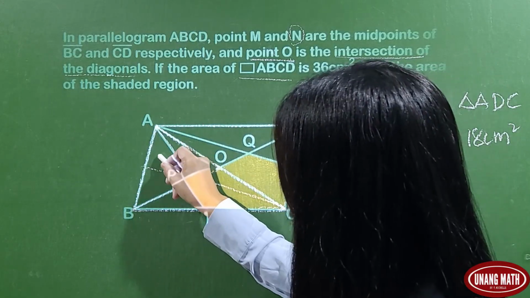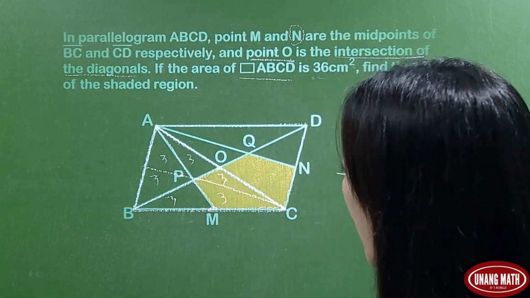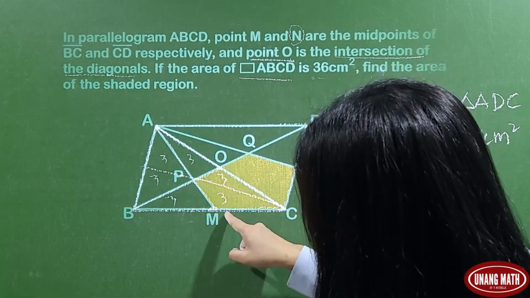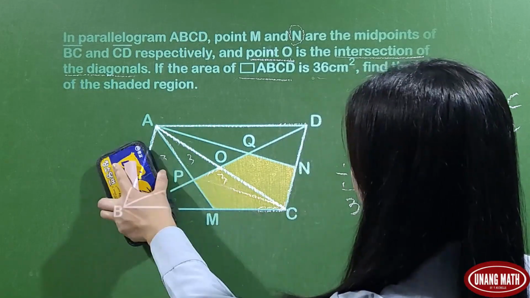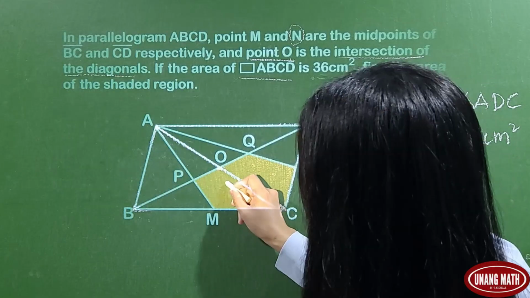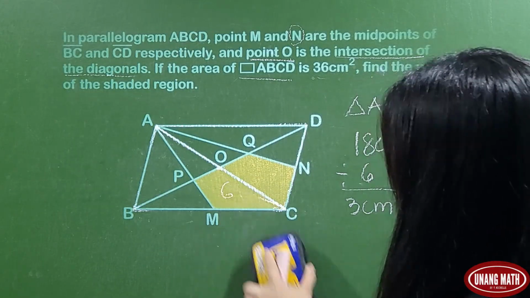So this is 3, this is 3, this is 3. This part means 3 plus 3, which is equal to 6. Okay, so let's write here: this shaded part here is 6 squared centimeters.